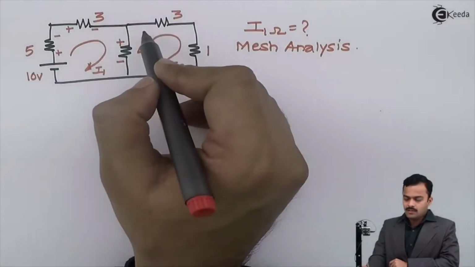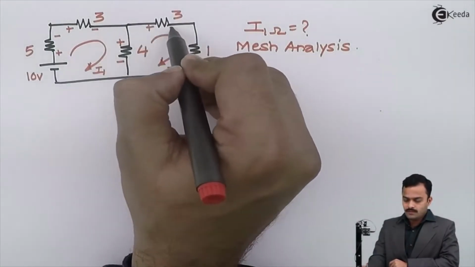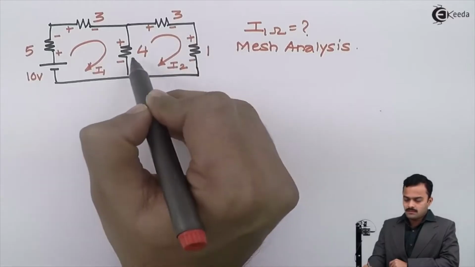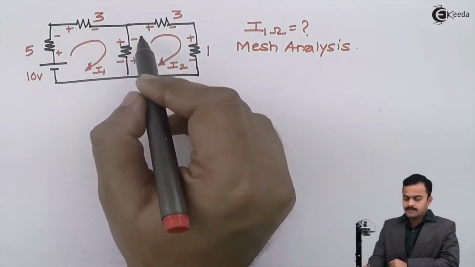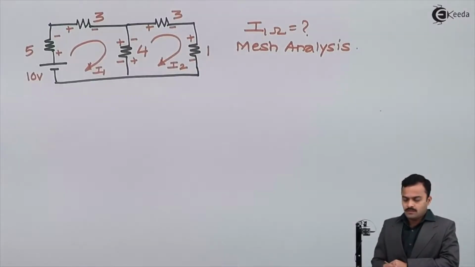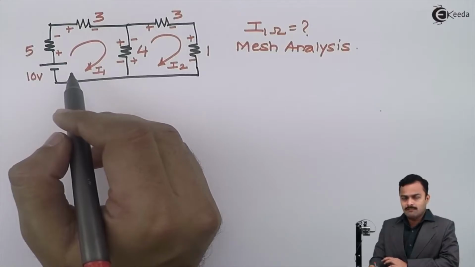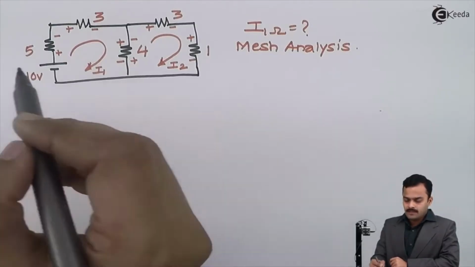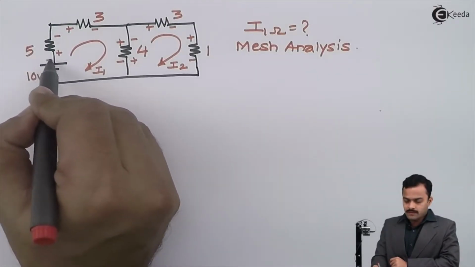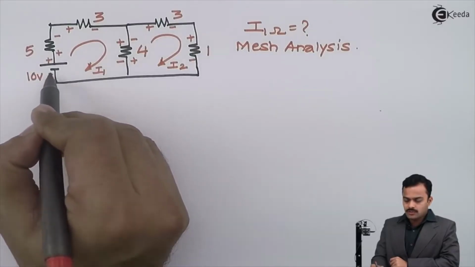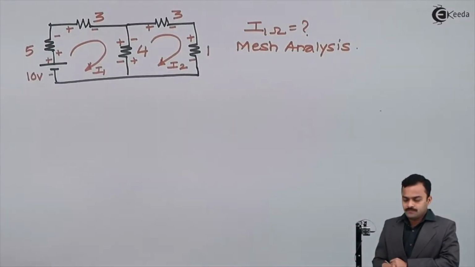Similarly, for this loop, the voltage drops will be like this as I mentioned. Now there is one voltage source. The polarity of the voltage does not depend upon the direction of current, it is fixed. The longer arm has the positive polarity and the shorter arm will be negative.